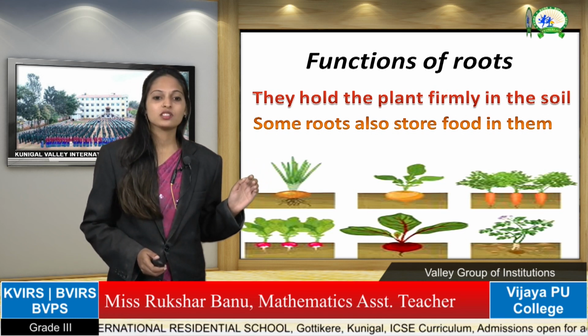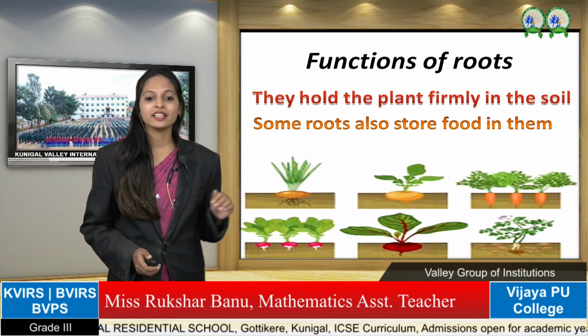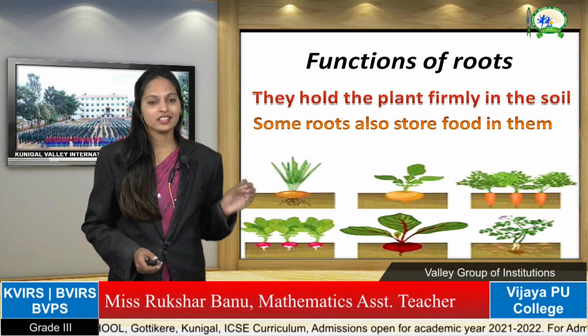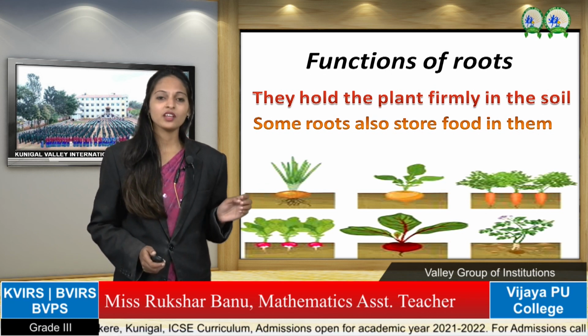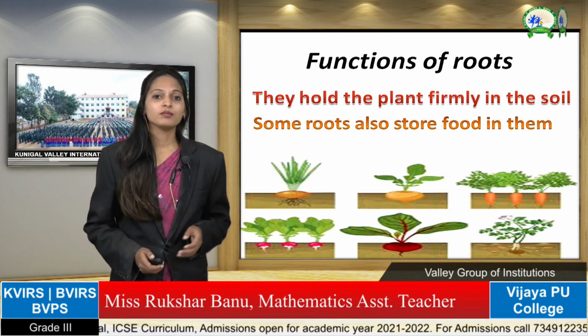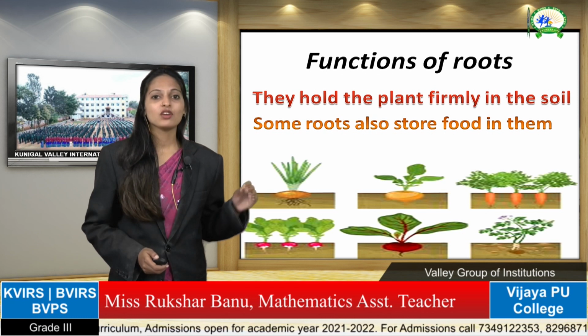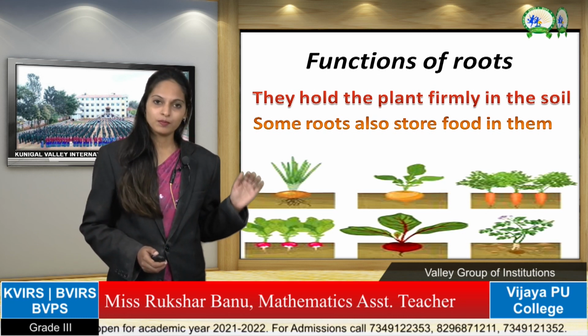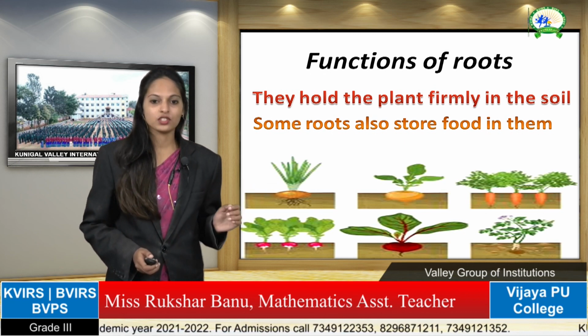And next one, some roots also store food in them, like carrot, turnip, etc. Water is required by the plants to make food, so that is why some plants store food.